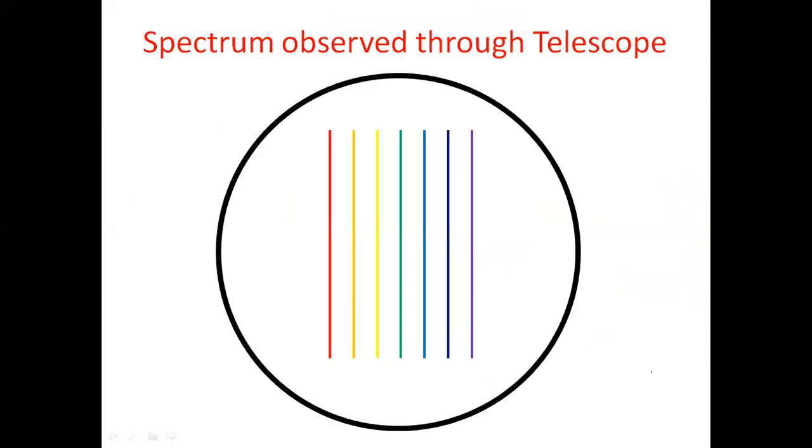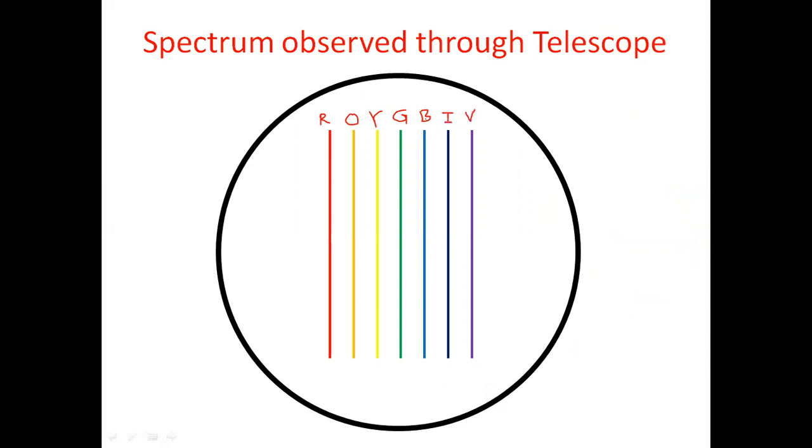So this is a broad view or magnified view of the spectrum which is observed through the telescope. So this is more clear: the first one is the red color, then the second one is the orange color. If I start from red on the LHS: red, orange, then yellow, then green, then blue, then indigo, and then violet.